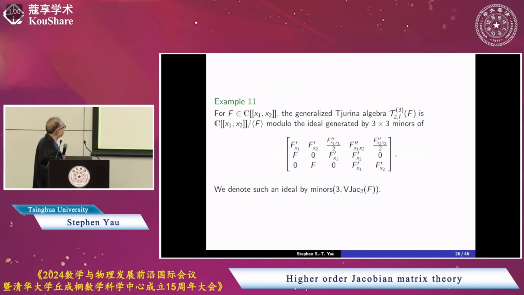For example, for n equal 2, you get the generalized Tjurina number of type 1: this algebra modulo the 3 by 3 minors of this matrix. Then you get a new invariant there, involving the second derivative.